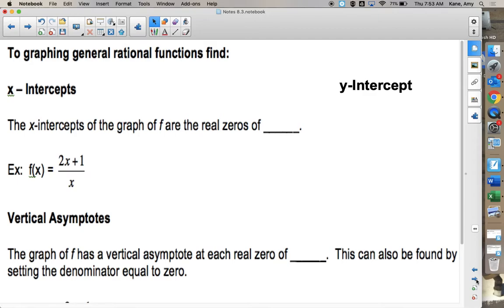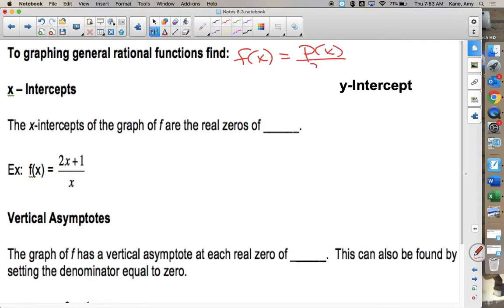I added the y-intercept, so if you could, on the right side, place a little y-intercept in there. So the form of a rational function is one polynomial divided by another. Each polynomial, the numerator versus the denominator of the fraction, actually finds parts of the graph for us.